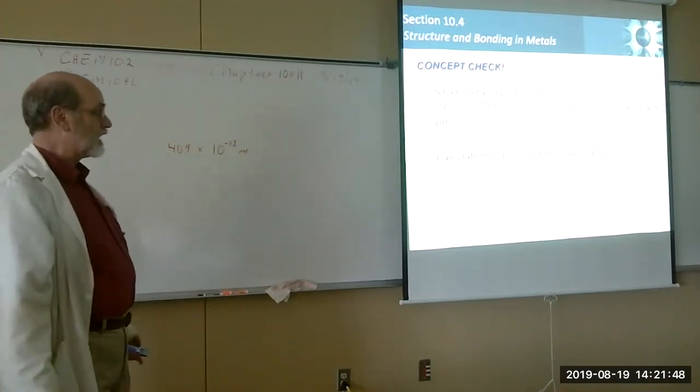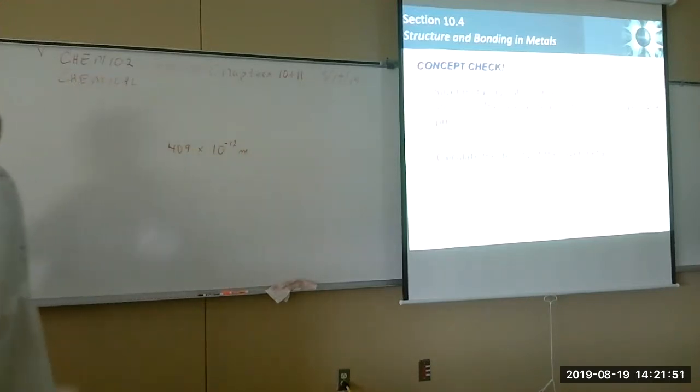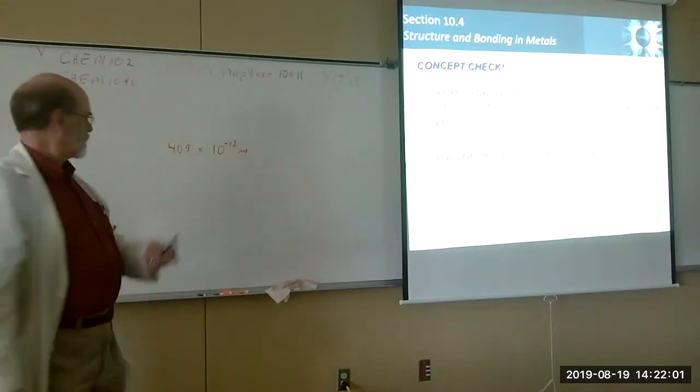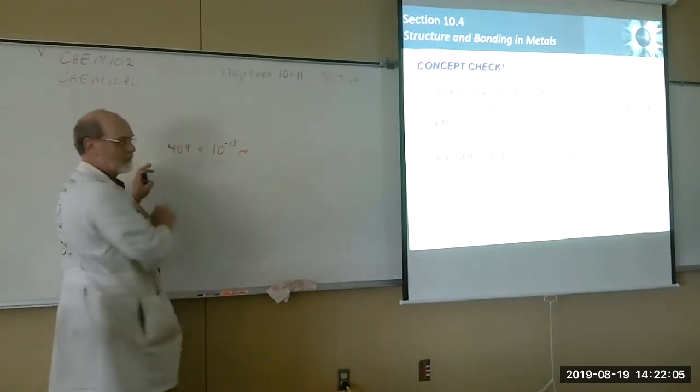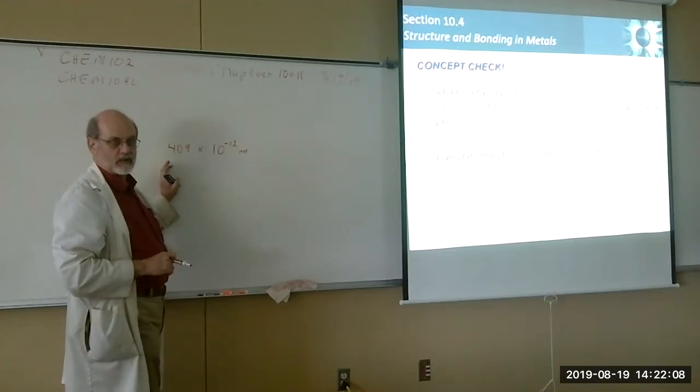And then you use the radius of the atom plus, is it silver? Yeah, silver. Plus silver's atomic mass, because if you know that the edge is this, what's the volume of that cube?